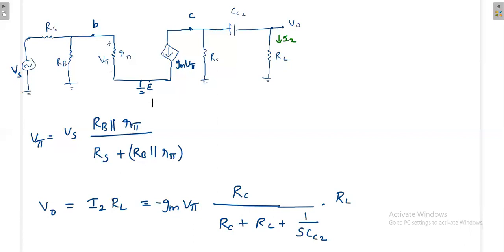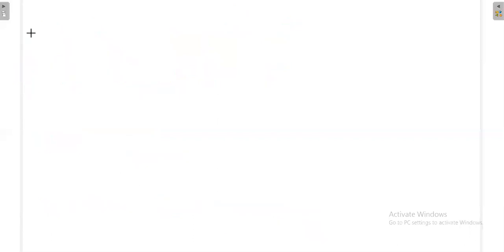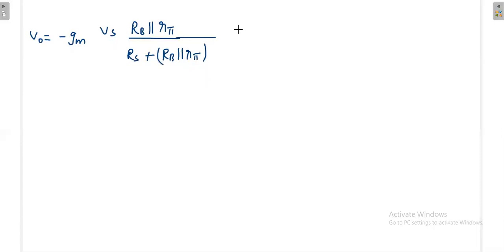Instead of V pi we can substitute this expression. Once you substitute the V pi value, your V naught will be minus gm Vs times RB parallel R pi divided by RS plus RB parallel R pi, times RC RL divided by RC plus RL plus 1 by sC2.